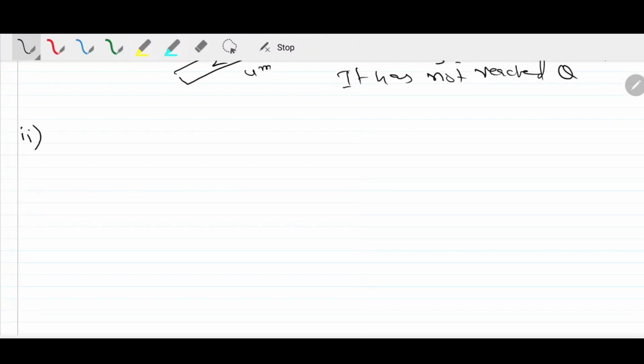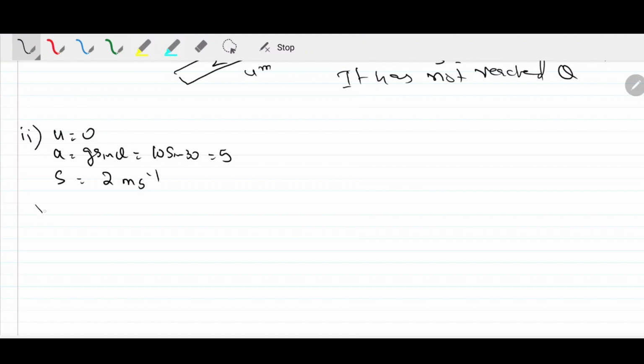The second part of the question is, find the time interval between the instant of A's arrival at P and the instant of B's arrival at P. So after collision, A comes to instantaneous rest. Initial velocity becomes 0. It is falling down the slope, so acceleration is g sine theta, that is 10 sine 30, which is 5. S is 2 meters.